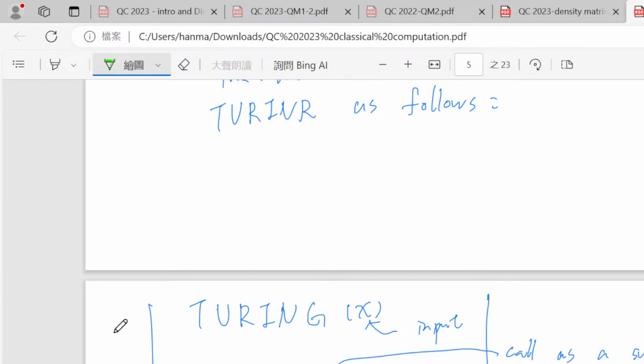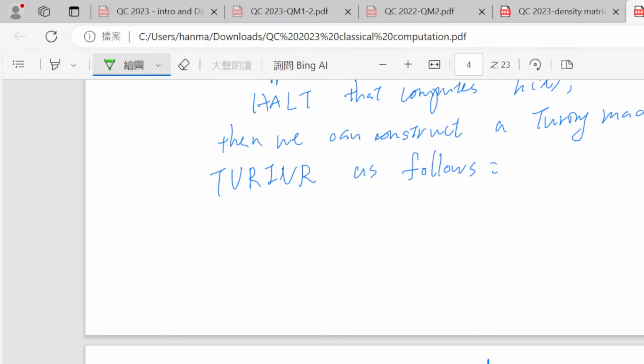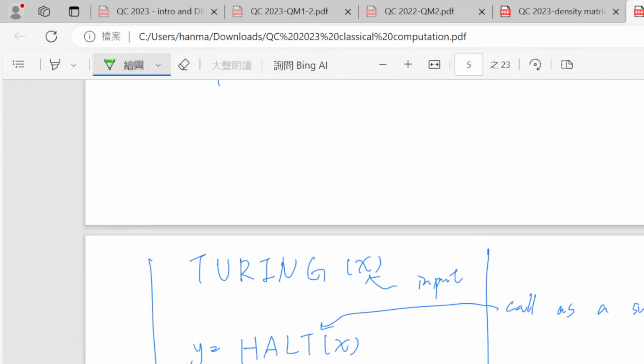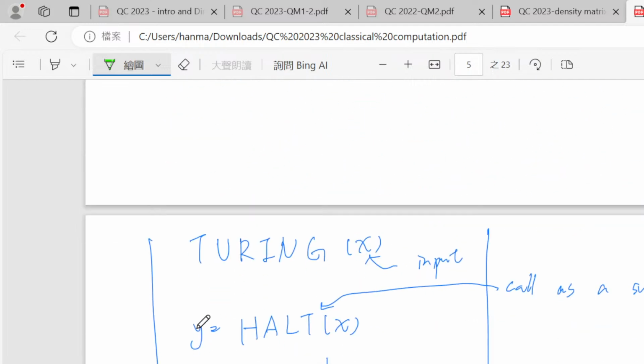Okay. So Turing does this. You can also input something, maybe a halting number, so probably a Turing number. So Turing x, you will have input x, and as we said, we construct it from hold, so we will call hold.